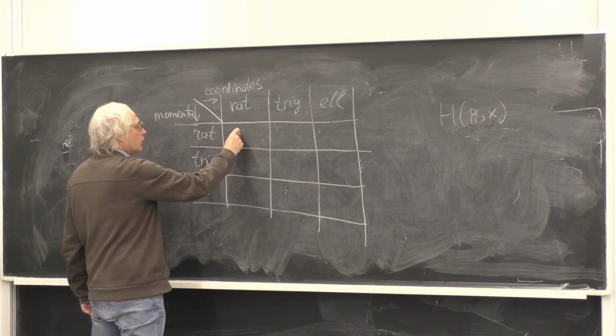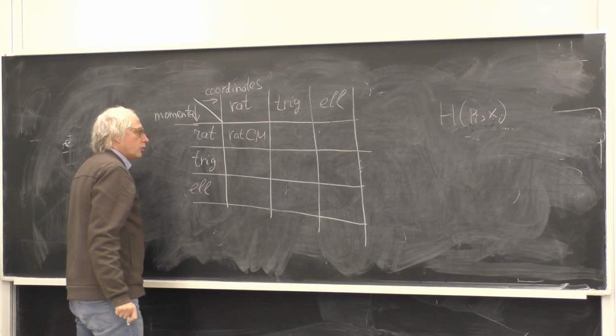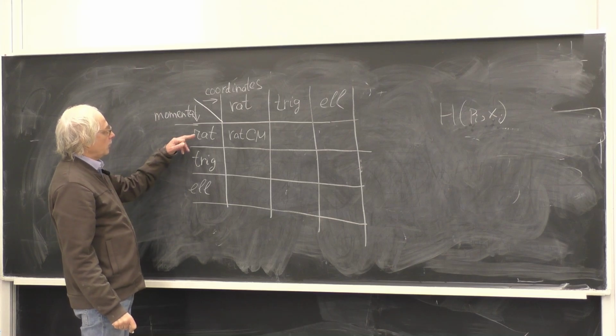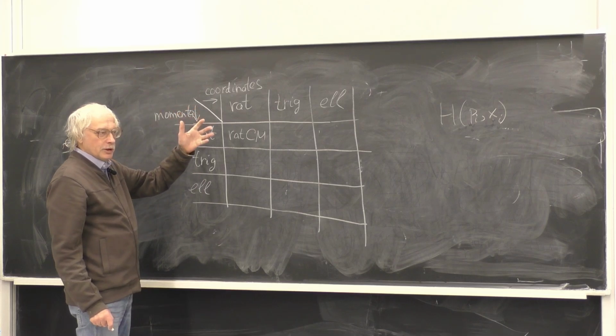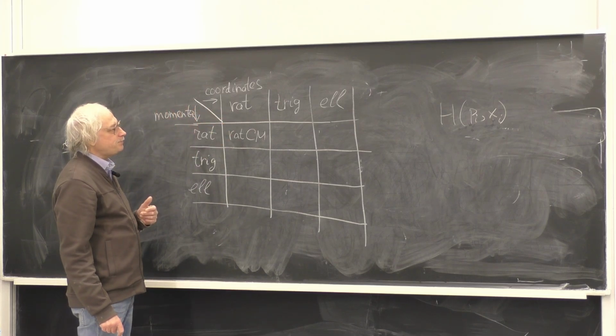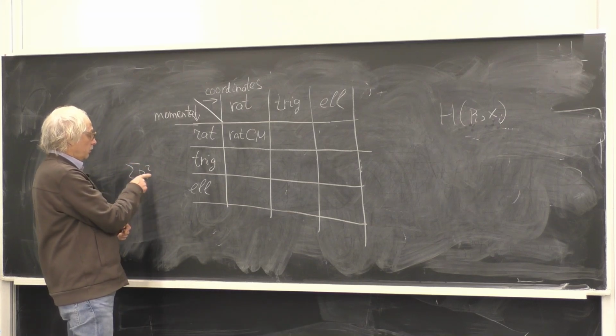In this square, we have the rational Calogero-Moser model, where dependence on momenta is rational, moreover even polynomial. It is the sum of p_i squared.